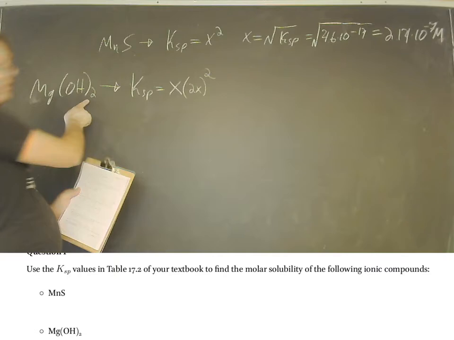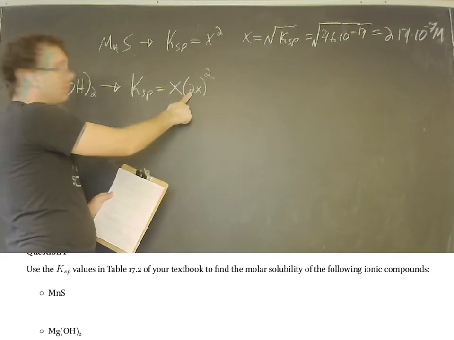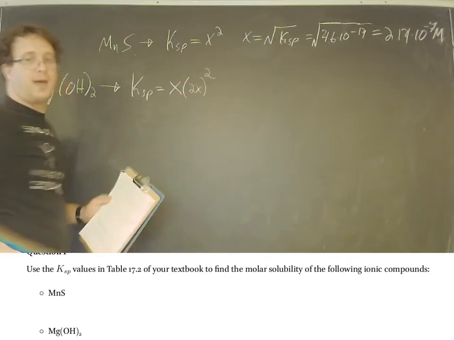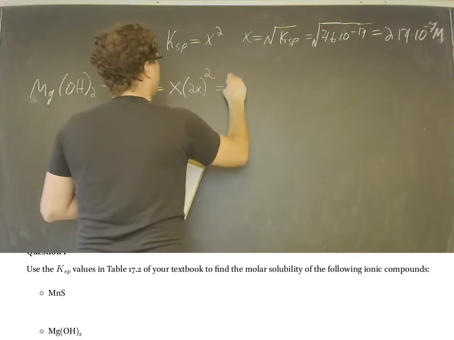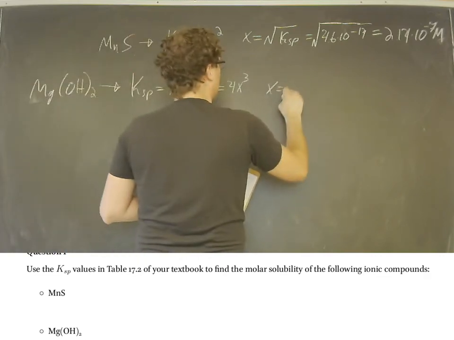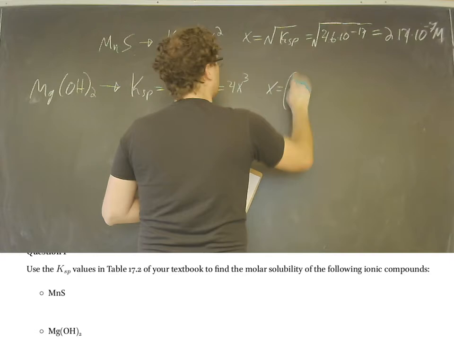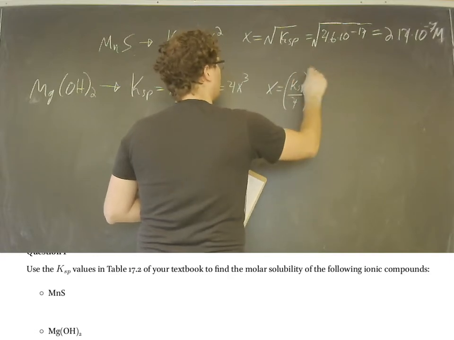Because there are two hydroxides, that 2 will come up here as the 2x, and it will have to be squared in the equilibrium expression. And so that means that KSP is going to ultimately equal 4x cubed. And so x is equal to the cube root of KSP over 4. I'll express the cube root in that way.